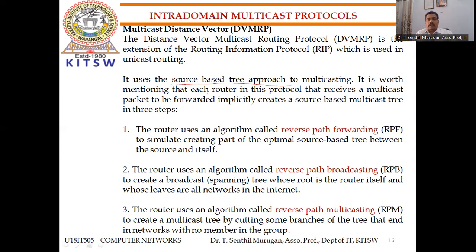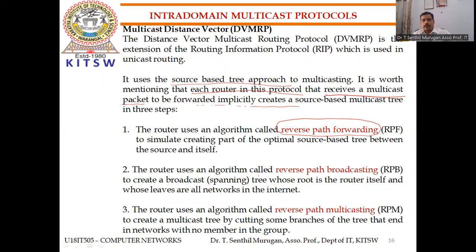Each router in this protocol that receives the multicast packet to be forwarded implicitly creates a source-based multicast tree. How will it be forwarded? Initially, we have three methods. The router uses an algorithm called reverse path forwarding, RPF. It means simulating the creation of part of the optimal source-based tree based on the source and itself.